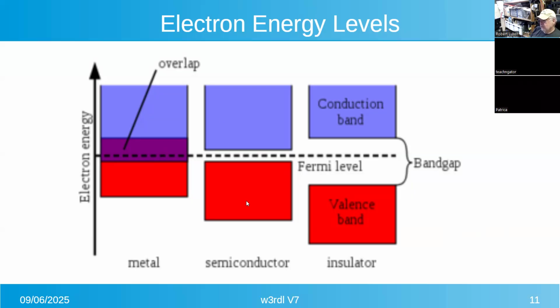When you get to a semiconductor, the energy required to make a free electron has to jump this band gap, which is the amount of energy it takes to go from the red to the blue.